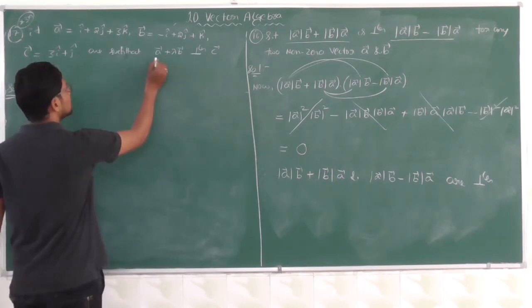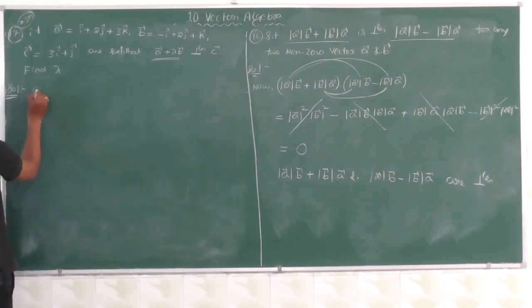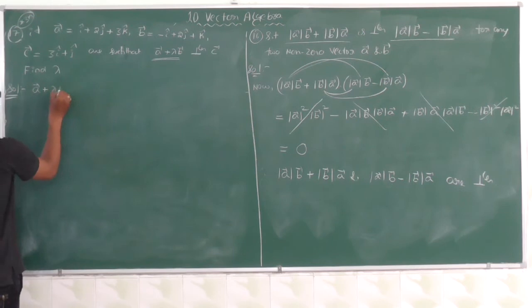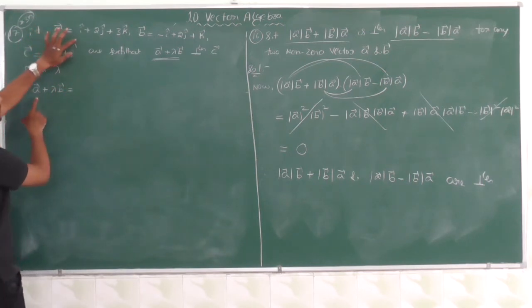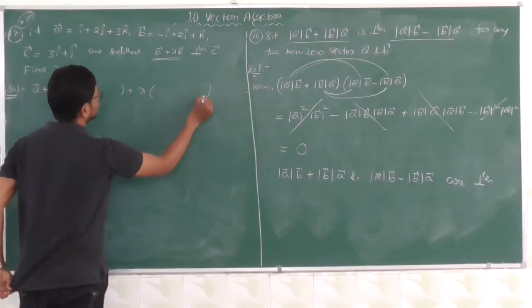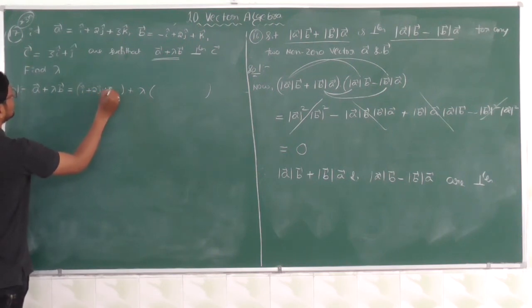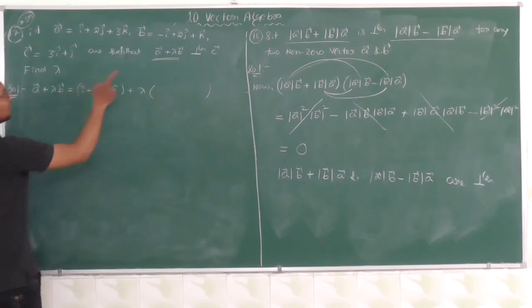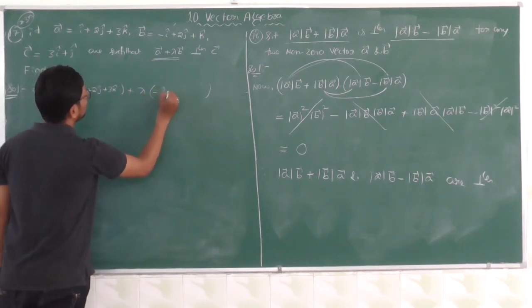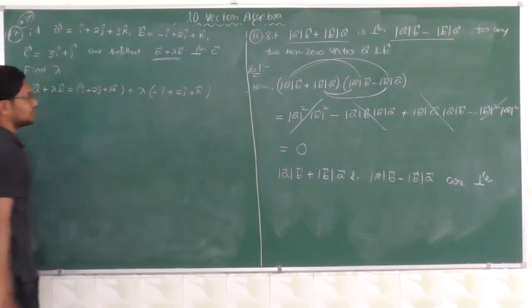Before that, we just find out A plus lambda B vector. A plus lambda B vector equals A vector plus lambda into B vector. Write down the given vectors. A vector is given, I cap plus 2j cap plus 3k cap. Next, B vector is minus I cap plus 2j cap plus k cap.